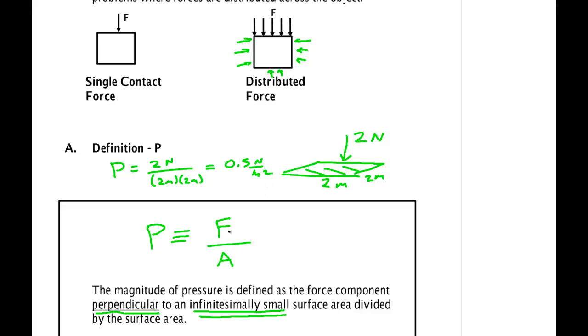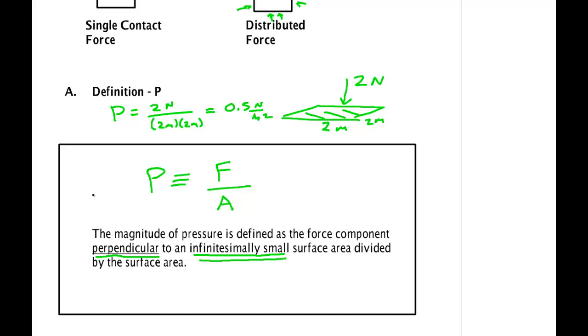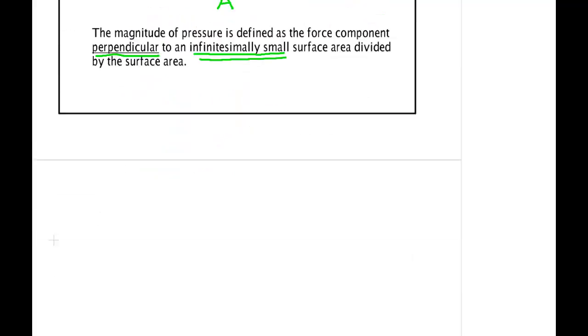Now it turns out we've actually got a name for a newton per meter squared. It's called a Pascal, after Dr. Pascal, who did a lot of work in this field of fluids. Anyway, this is the definition of pressure: the force perpendicular to the surface divided by the area of that surface.